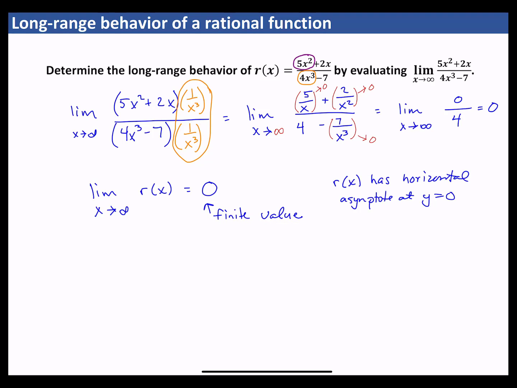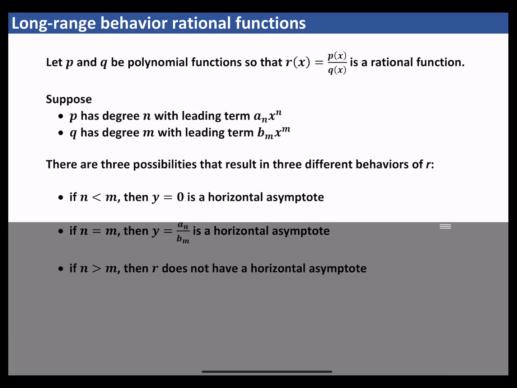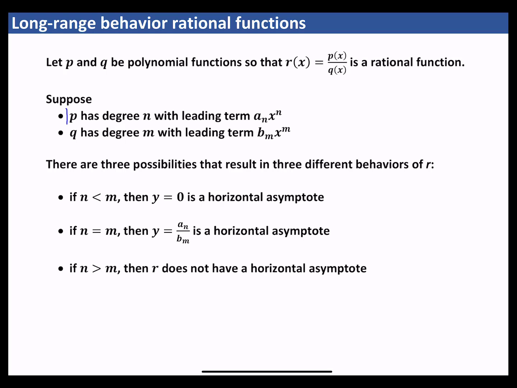And here's what you're going to find. Let p and q be polynomial functions so that r of x equals p of x divided by q of x is a rational function. Suppose that p has degree n with leading term a sub n x to the n, and q has degree m with leading term b sub m x to the m.